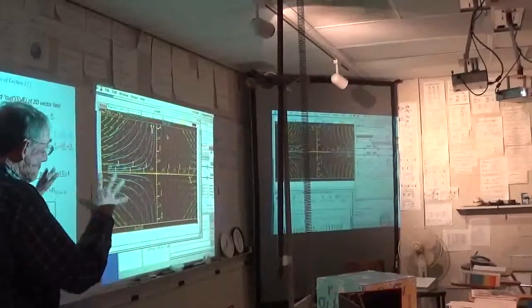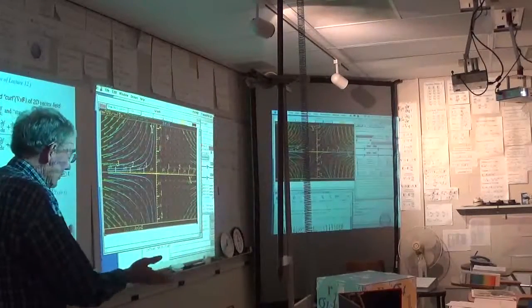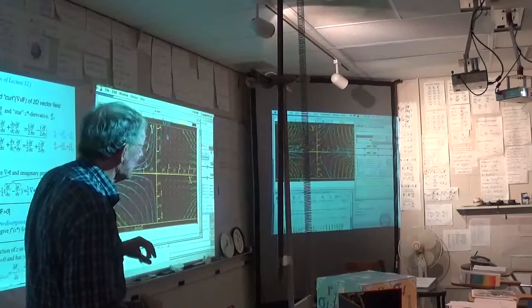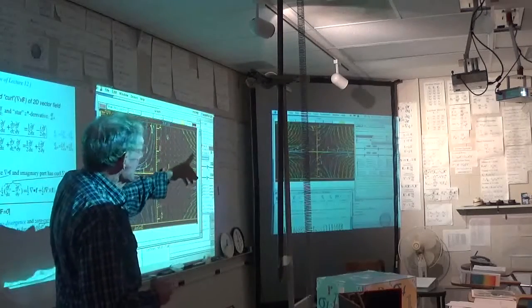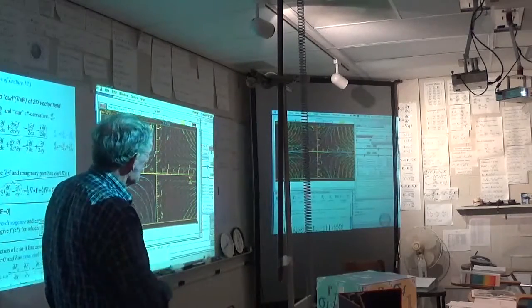In other words, there's a quadrupole way out there somewhere, and we're inside that device that makes the field. That's the thing that's shown up there.